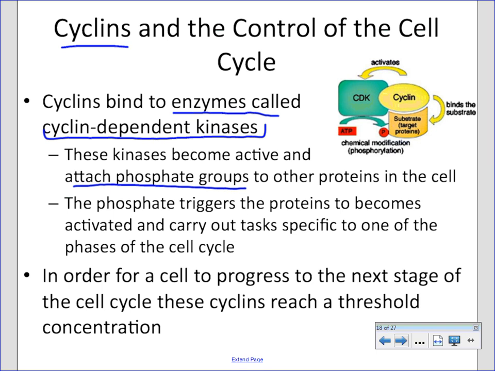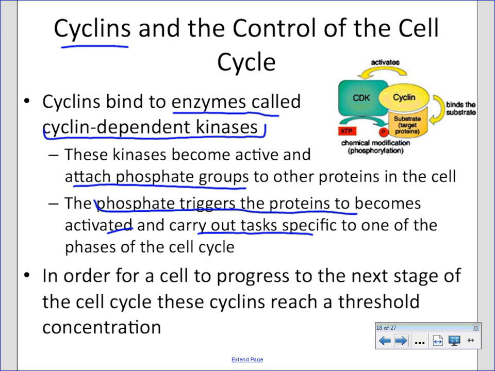Those kinases now become activated, and they will take ATP, remove a phosphate, and attach that phosphate to another protein. The phosphate that has been attached to that protein now triggers the protein to become activated and will carry out tasks specific to one of those phases of the cell cycle.